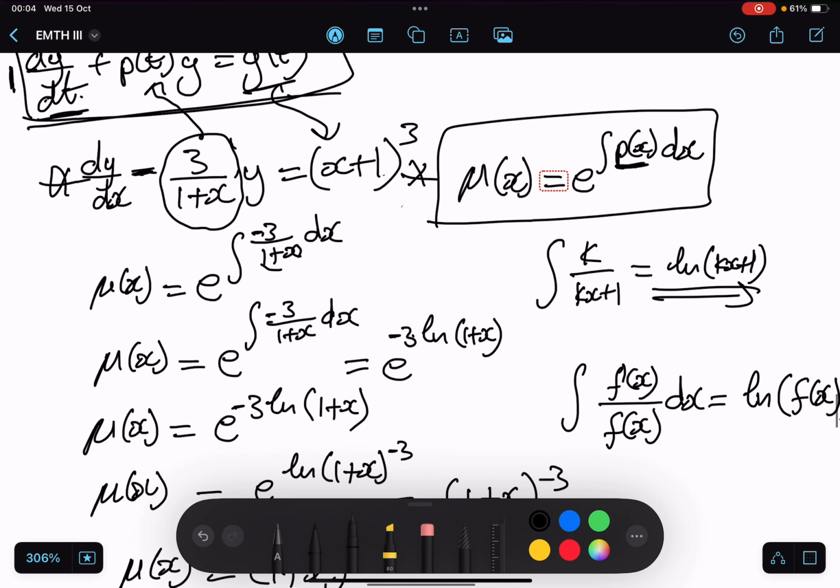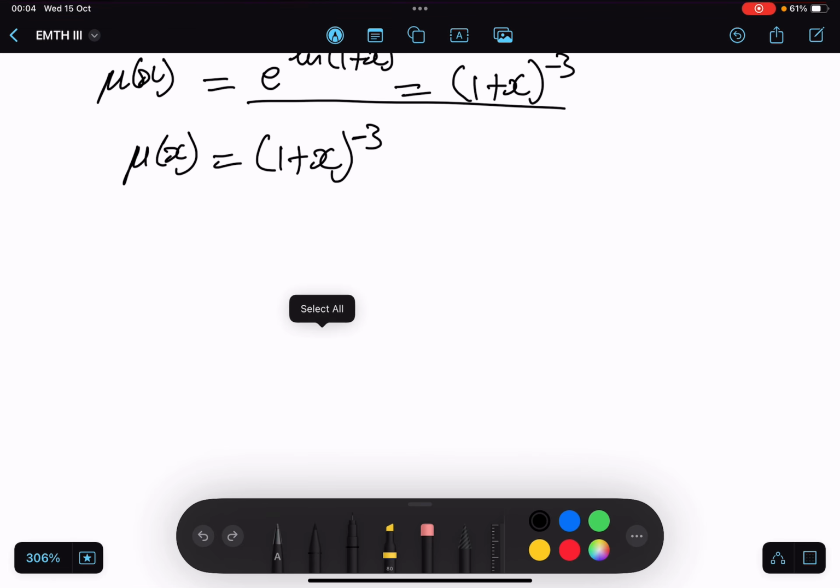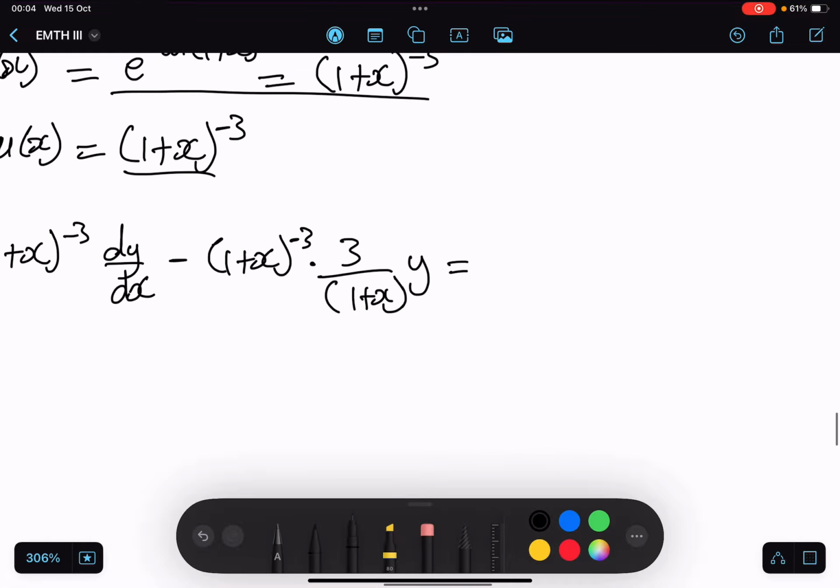We are going to have (1 + x)^(-3) multiplied by dy/dx, minus (1 + x)^(-3) times 3/(1 + x) y, equals, as we are multiplying every term with the integrating factor, (x + 1)^3 times (1 + x)^(-3). Now let's simplify this.